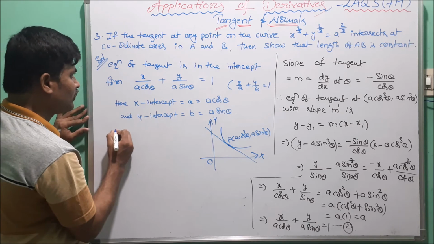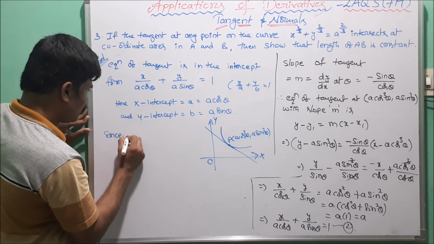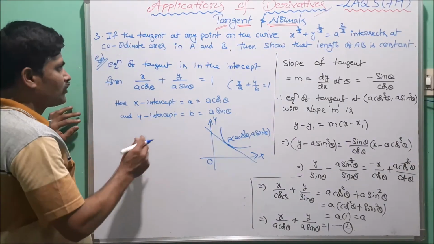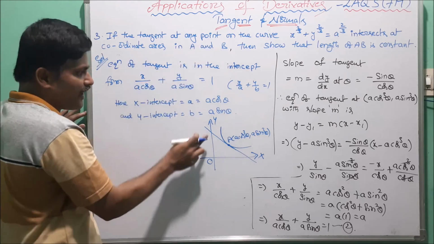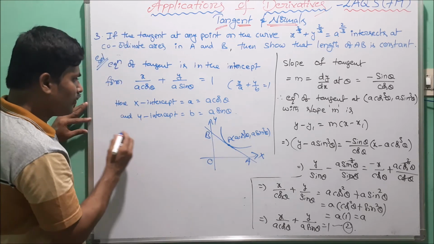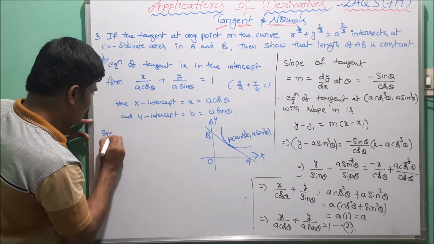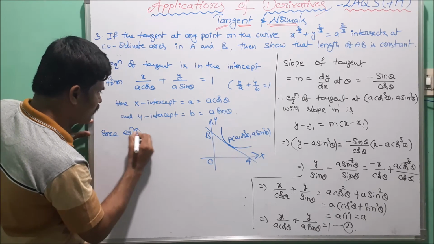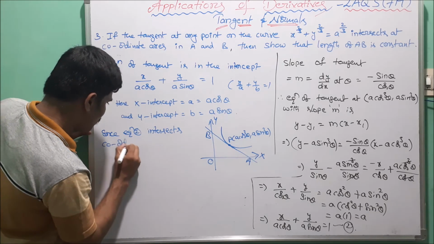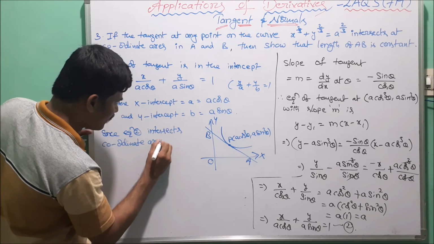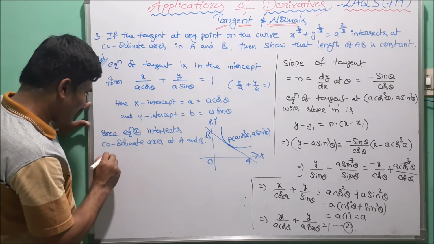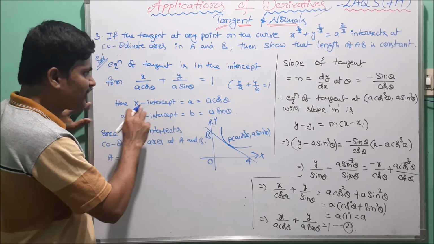Now here, since equation 2 intersects the coordinate axes at the points A and B, we already know the x-intercept and y-intercept.